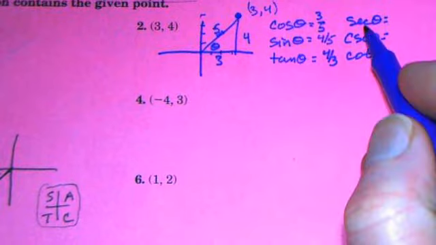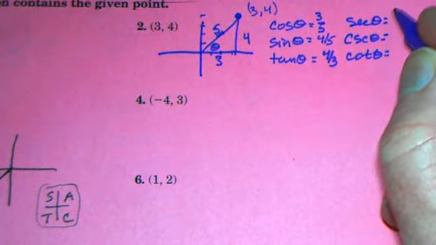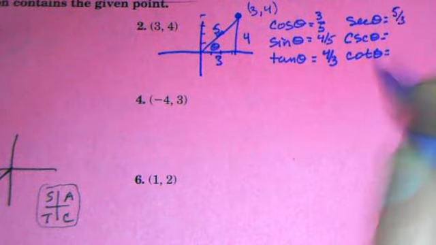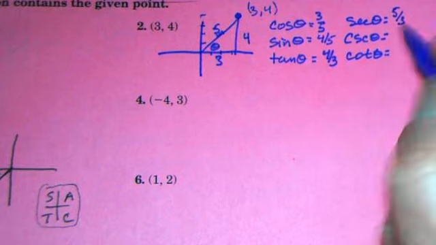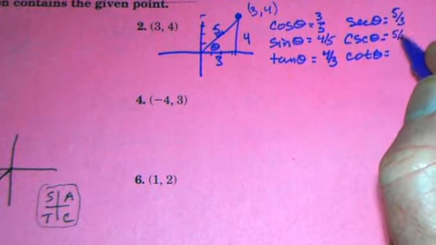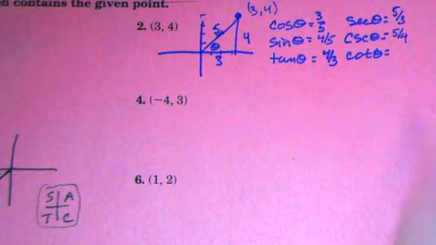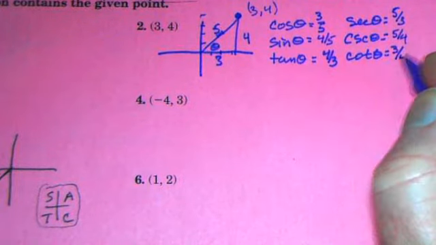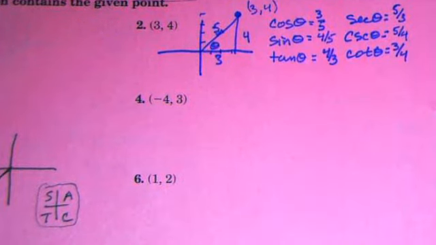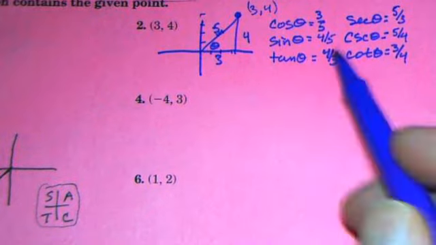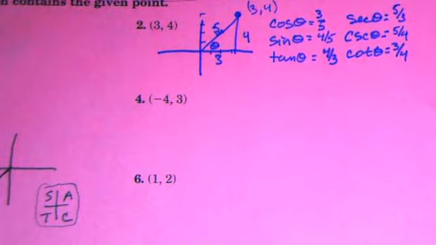So secant is cosine flipped upside down, 5 over 3. Cosecant is sine flipped over, which is 5 over 4. And cotangent is tangent flipped over, which is 3 over 4. So here we have the exact values of the functions and cofunctions that go with an endpoint of 3, 4.